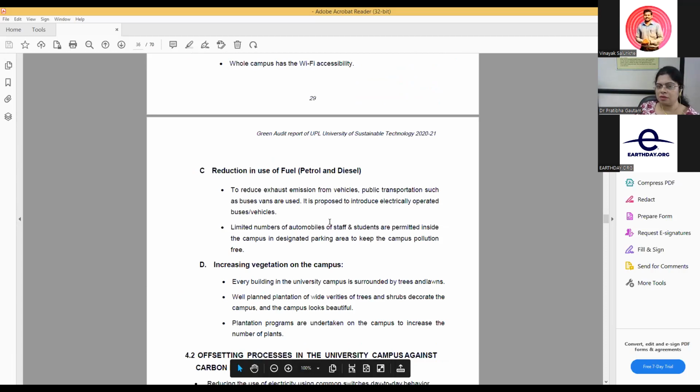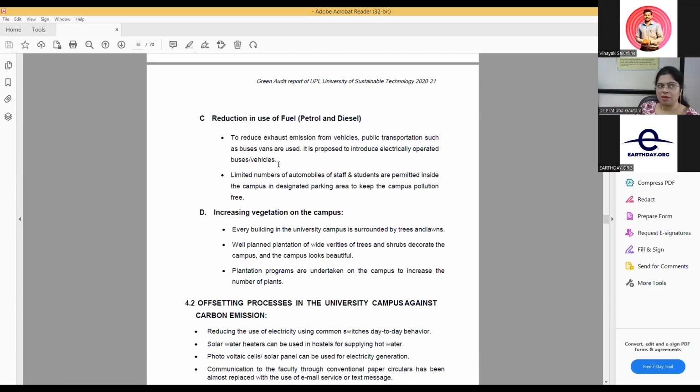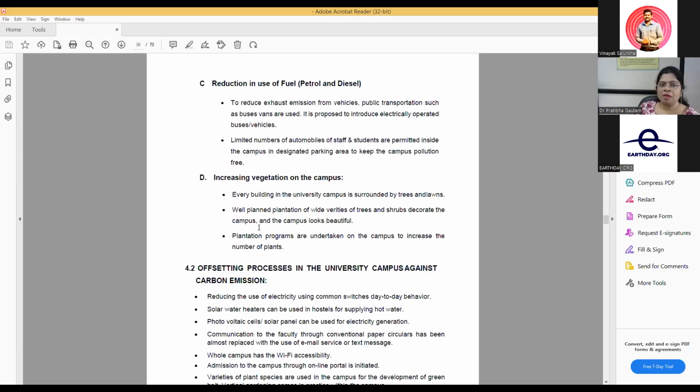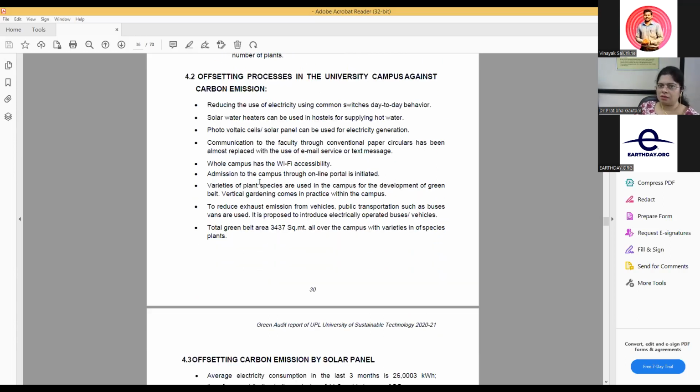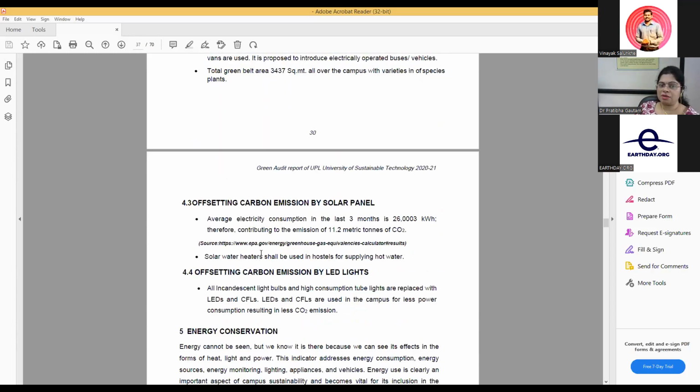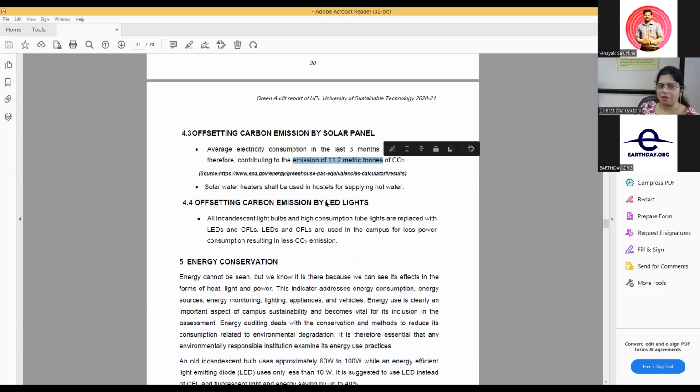We have reduced individual cars or vehicles by almost 80%. We are running many buses so that people can come collectively. Then we have increased vegetation. Then offsetting processes in the university campus: we have also quantified how much carbon emission we have offset by taking all these efforts.